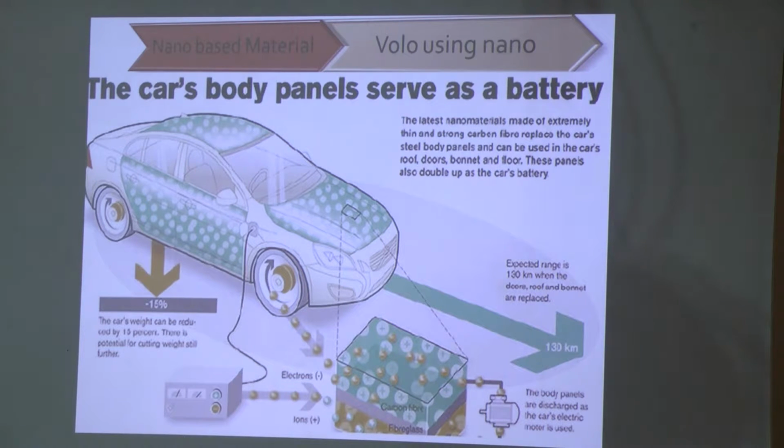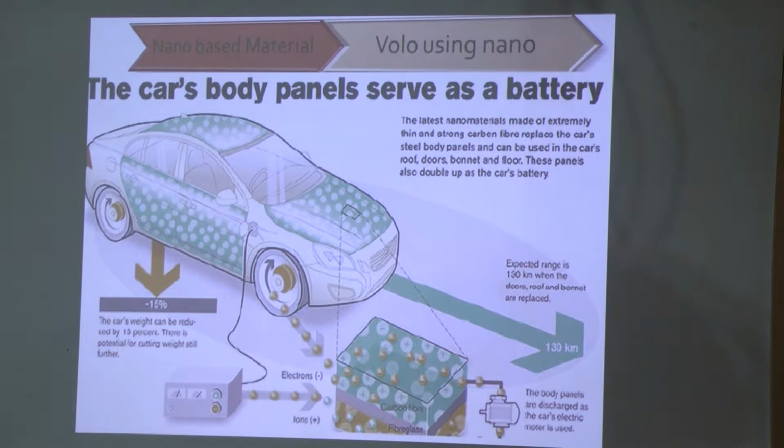I have not included everything here, but here we have just seen how the electrical properties and optical properties have changed.